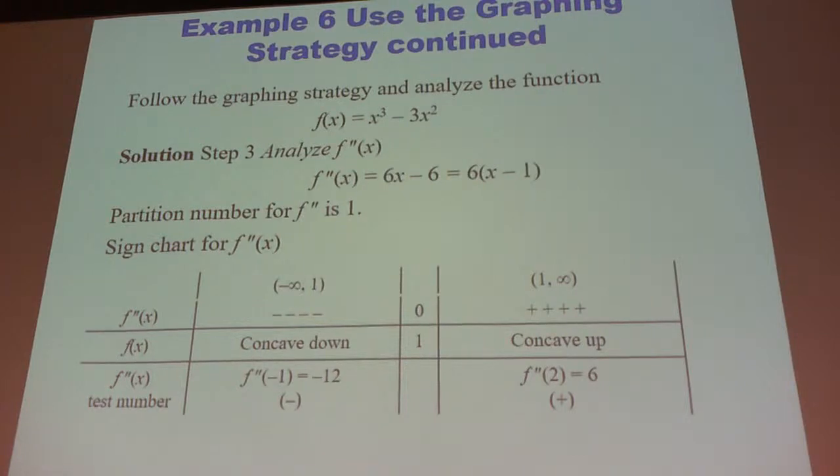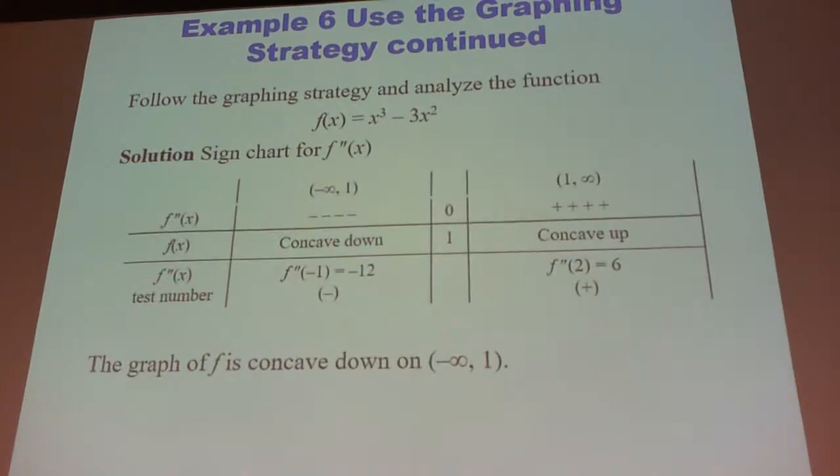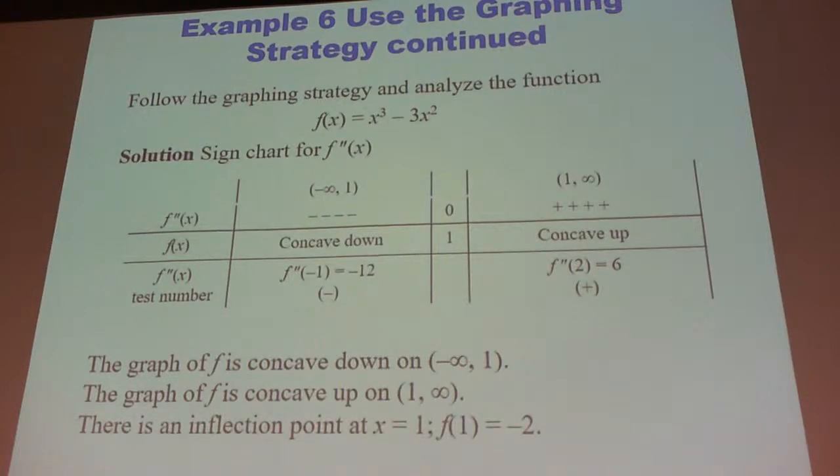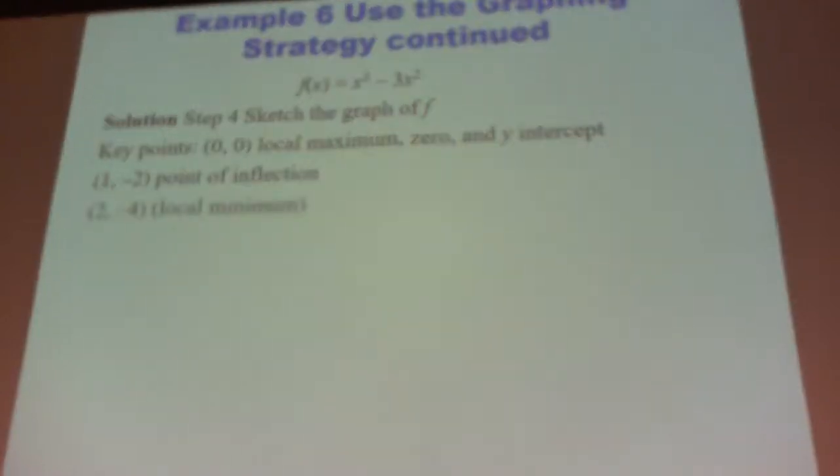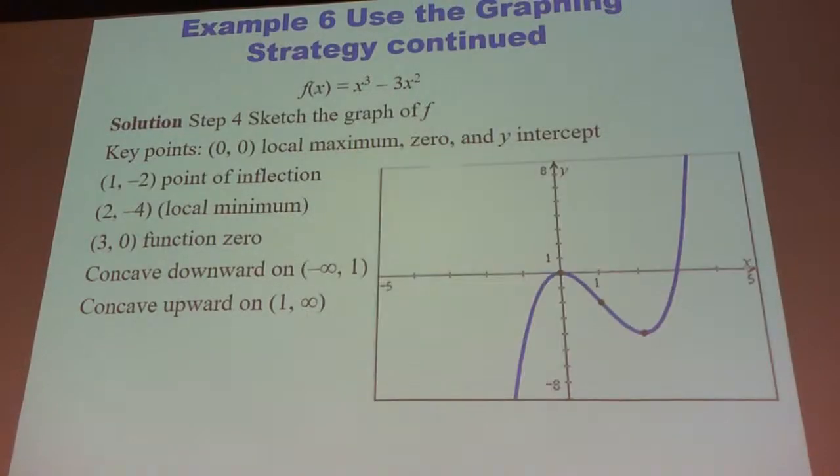All leading with the sign chart where it's concave down, where it's concave up, and the inflection point. We can sketch it, and we have our summary while looking at the original graph.